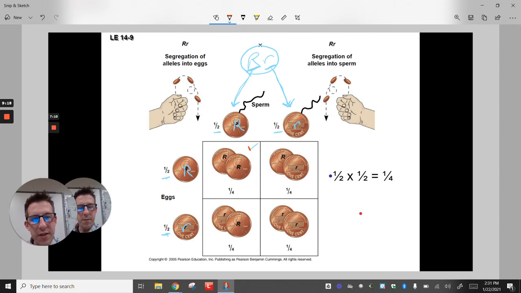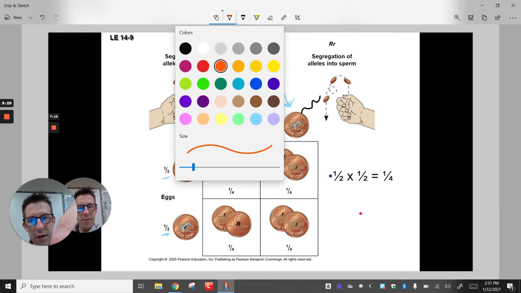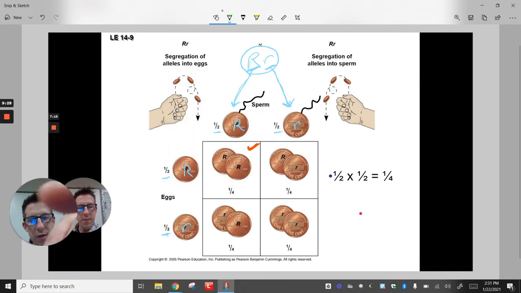When the plants try to make this baby right here, we know that we need a big R and a big R. So we have to think to ourselves, what are the different probabilities that Dad is going to give a big R or a little r?